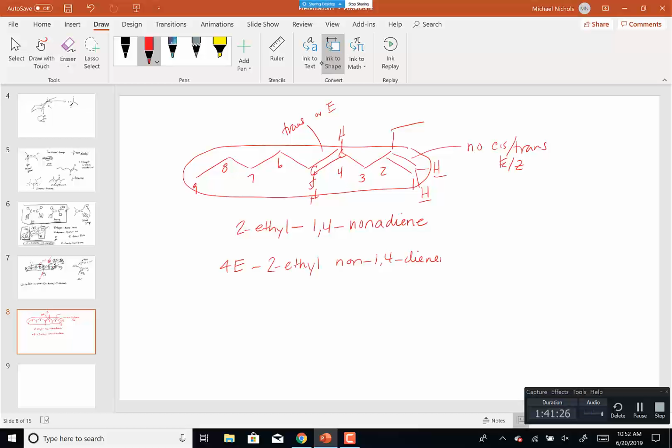So if I wanted to know about this, I would have gone to the non section, the ends, and I would have looked up either nonadiene 1-4, or 1-4 nonadiene. I would have gone through the ethines, but wouldn't have gotten to the propenes yet because that's not alphabetical.